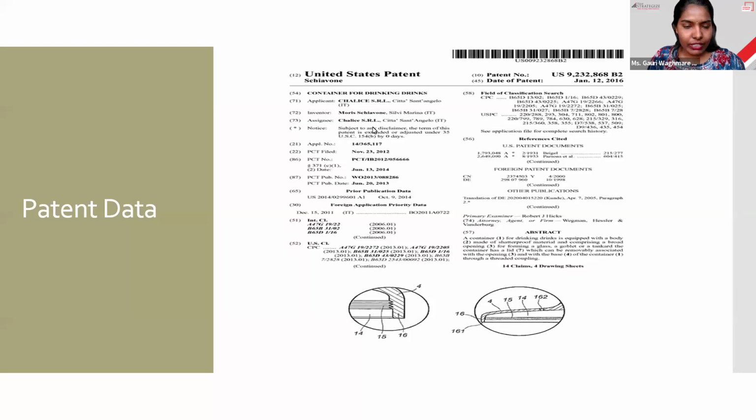And you can see there are some points written here like 12, number 54, 71, 72, 73. An asterisk mark is there, right? So the abstract is here. Below that, the figure of the abstract is there. So all these things are included in the patent document, right?